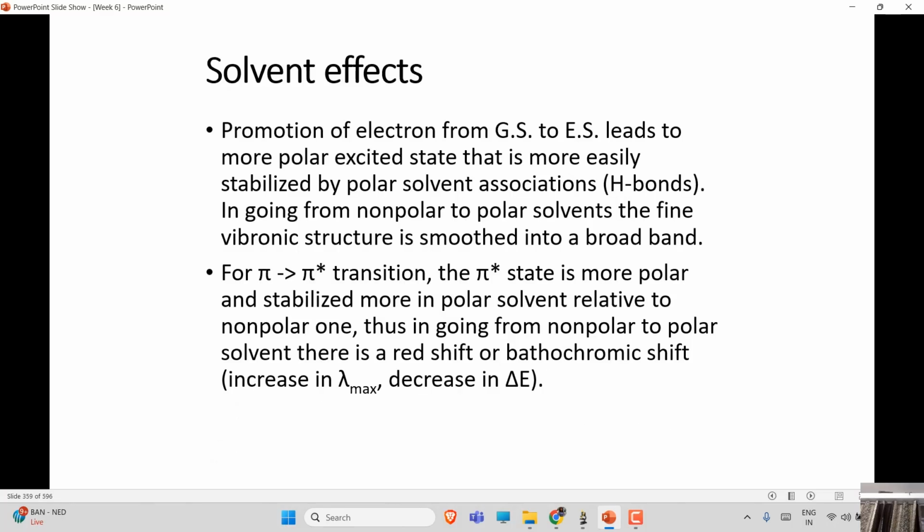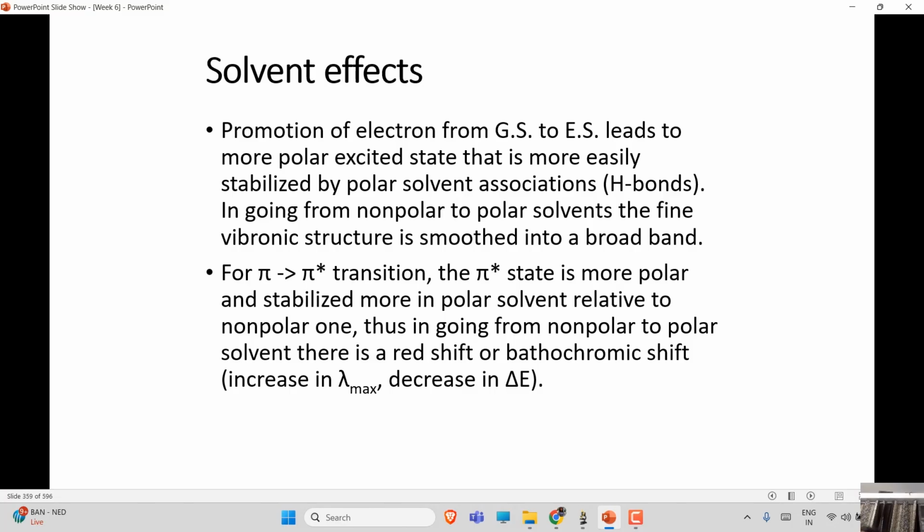Okay. Now, what are the solvent effects? Promotion of an electron from the ground state to the excited state leads to a more polar excited state that is more easily stabilized by polar solvent associations or hydrogen bonds.